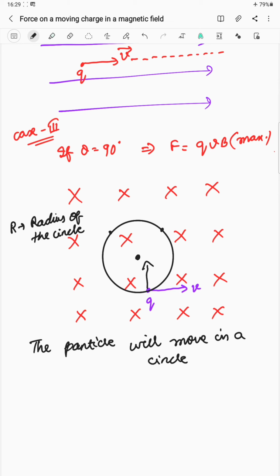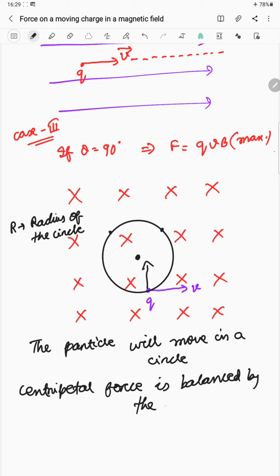Now if I want to calculate its radius, then we know that a particle moves in a circular path. That indicates that the centripetal force is balanced by the magnetic force.